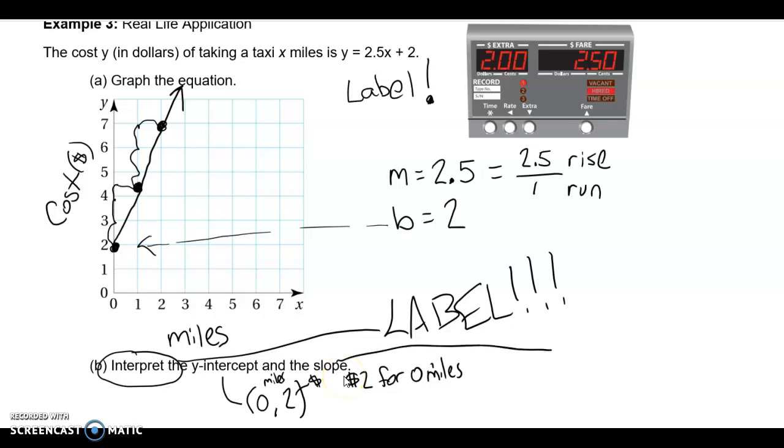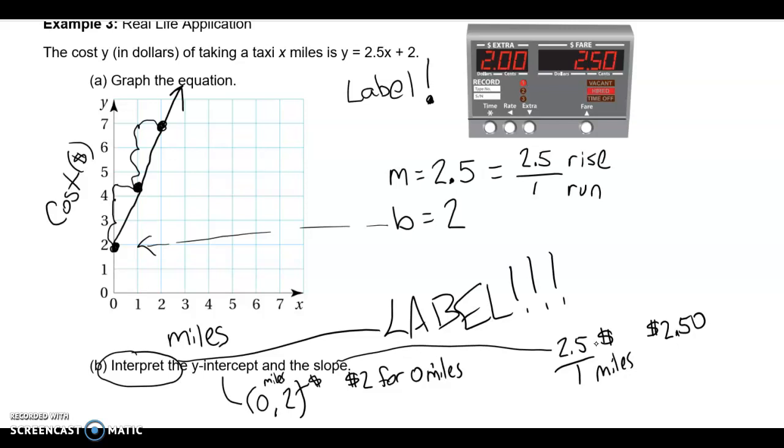Okay, and then slope. The slope was 2.5 over 1. So again, let's put our labels in here. The rise or up and down label was dollars. The run is miles. Once you have it all written out like this, it makes it very easy to write a phrase or a sentence. So what this is saying is it's 2.5, or $2.50, and this is 1 mile.